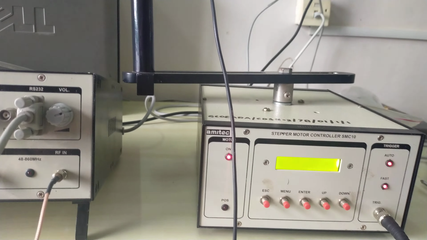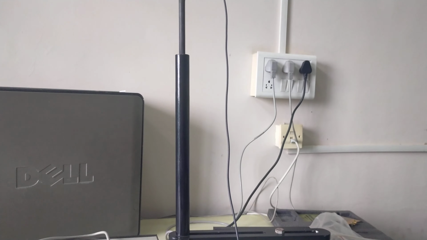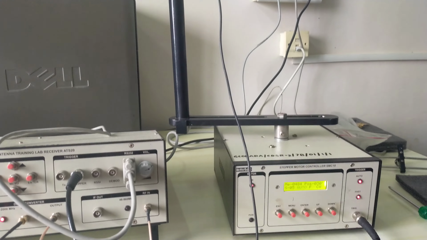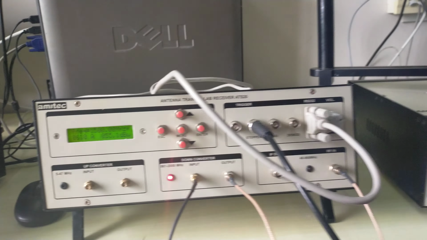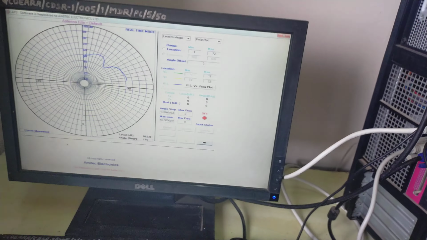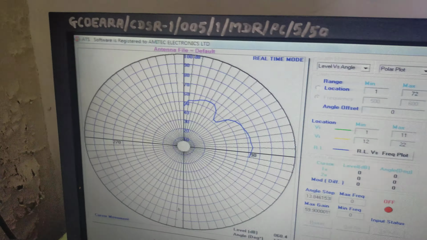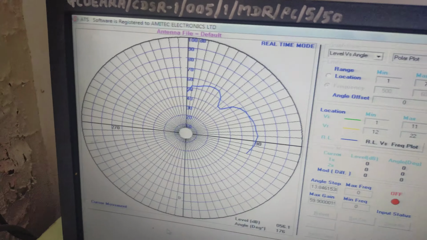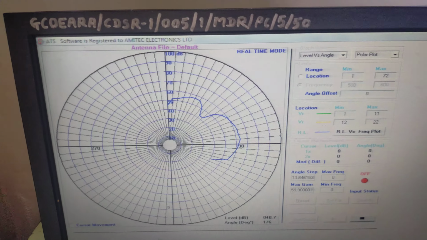I have pressed it, so the stand, or antenna, is rotating, and according to that the received signal strength is changing. Now we observe the graph here. This is the radiation pattern of a microstrip patch antenna.